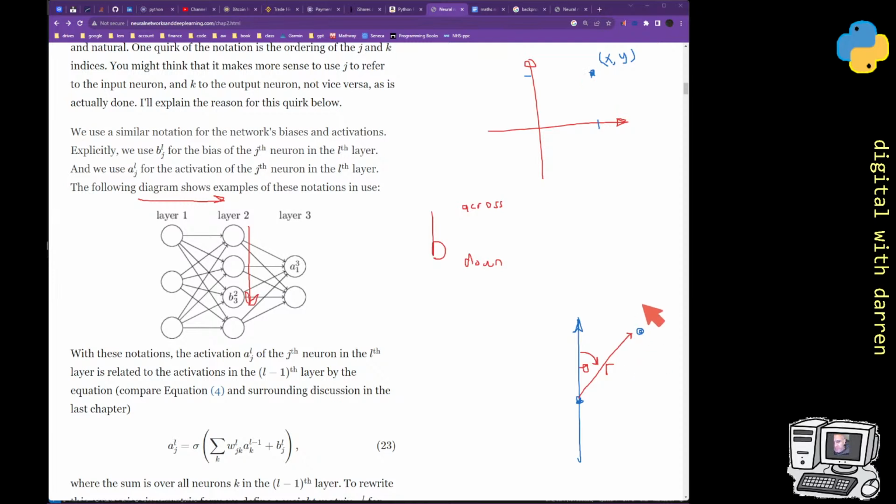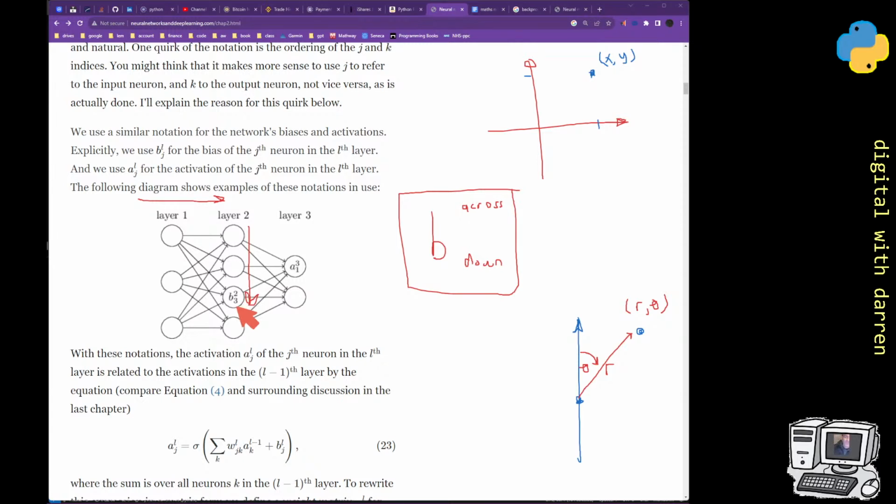But now in order to describe this point, for me to talk to you, we now need to have an r. I need to tell you the radius of how far it is from here, and then I need to tell you a theta like that over there, and then we're in line and we can talk to each other. So this B, this bias, in order to say what bias we're talking about, we just need our coordinate system.